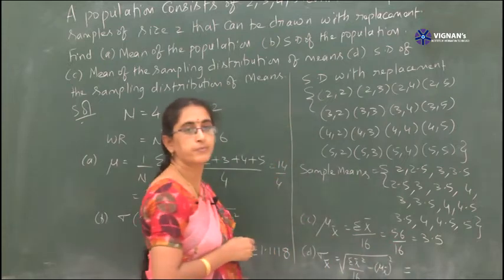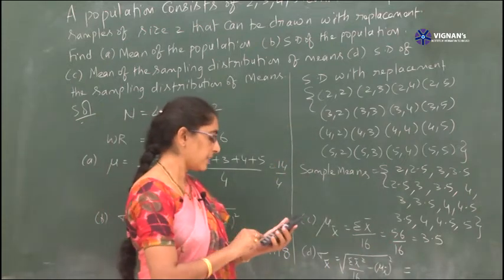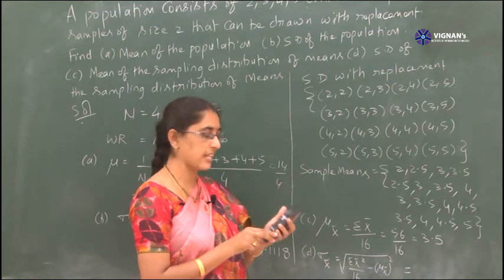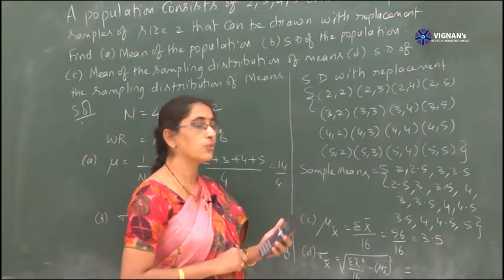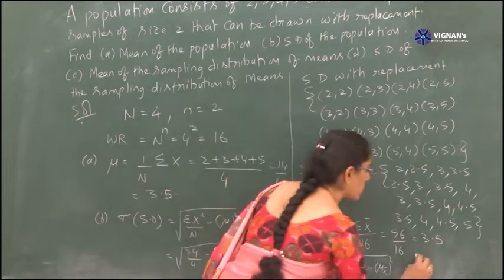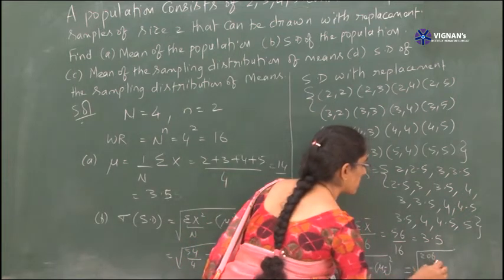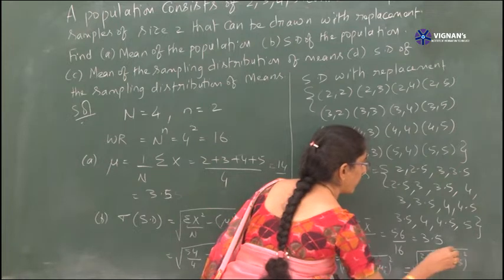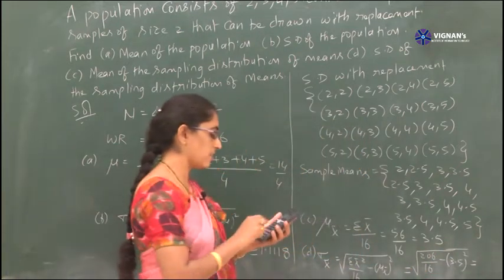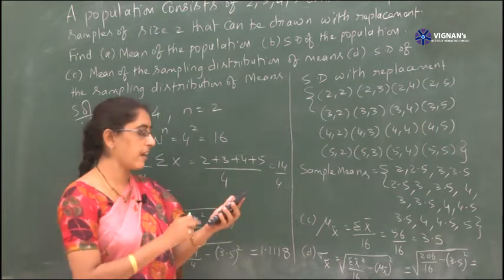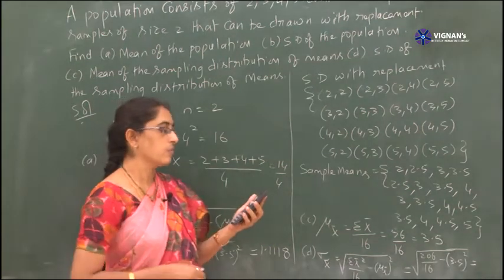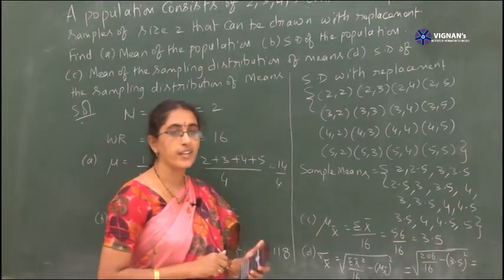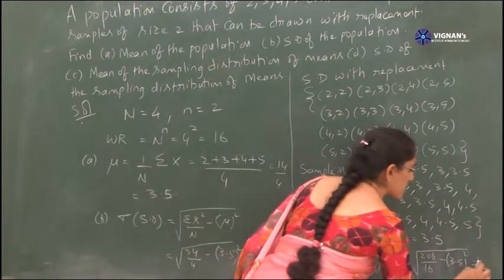Summation x bar square is summation x square in the calculator, so it is 206. So square root of 206 by 16 minus 3.5 square. Now again shift 2, sigma x, so 0.79. It is 0.7906.